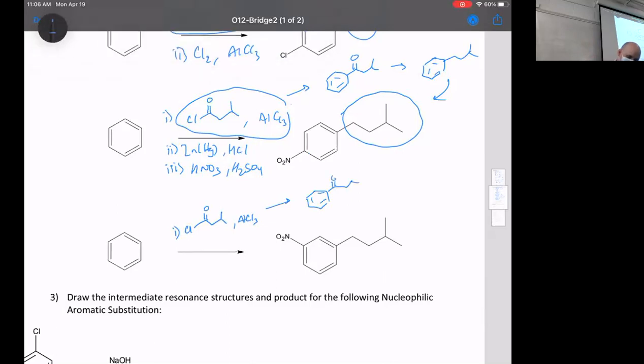Perfect. Yes. So at this point, if we were to immediately do the reduction, we would end up with an ortho-para directing group, which works great in the one above because we wanted our nitro to go ortho or para. But if we want a nitro to go meta, this is currently a meta-directing group.